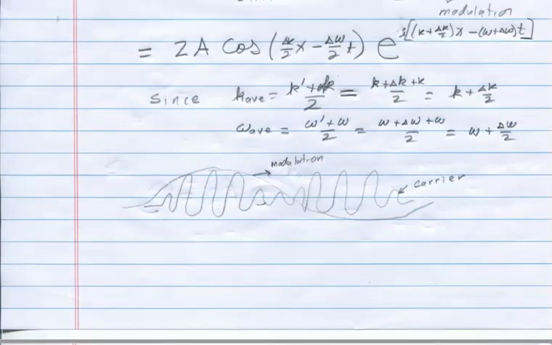Well, remember, these are both waves, and for any wave, the wave velocity is just the omega portion divided by the k portion.